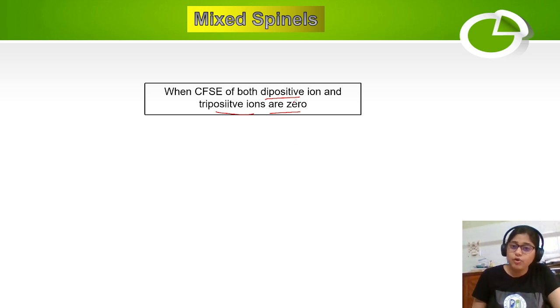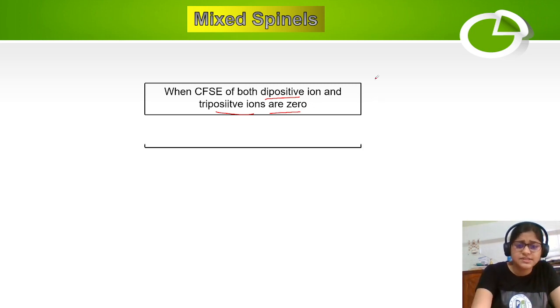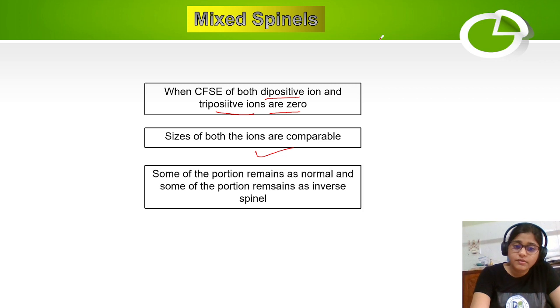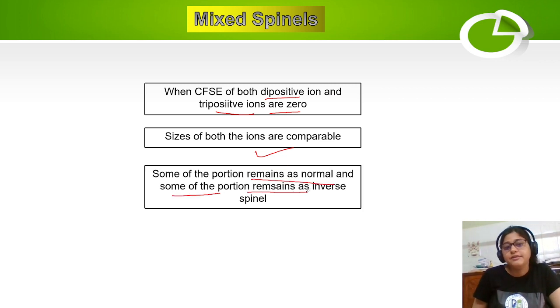When the CFSE of both dipositive and tripositive ions are 0 and the sizes are comparable. Okay, so the size of both the cations, tripositive and dipositive, should be similar. Then some portion remains normal and some can be inverse, because we can't differentiate between them.